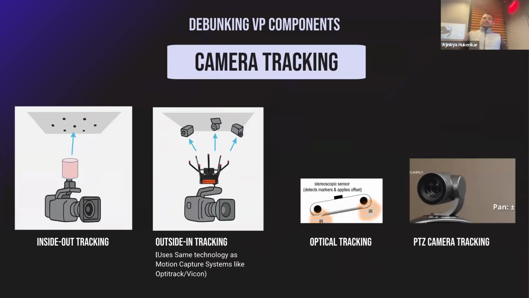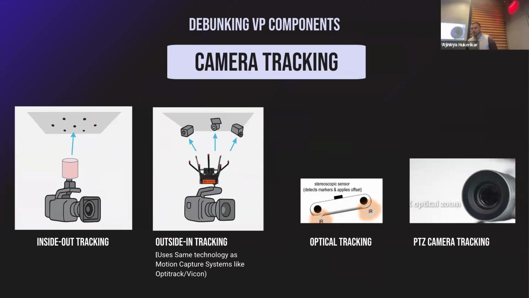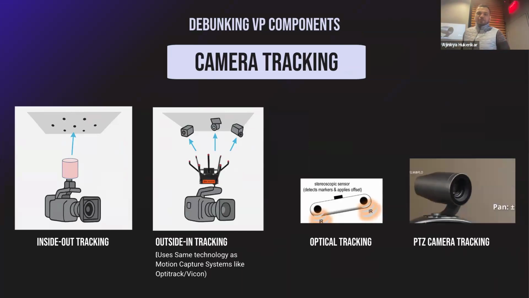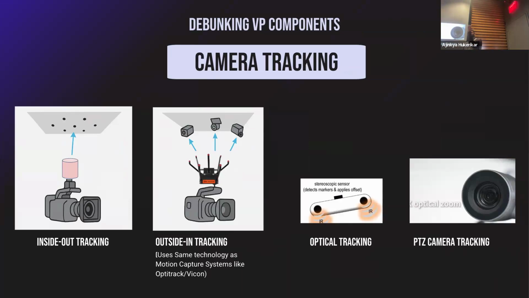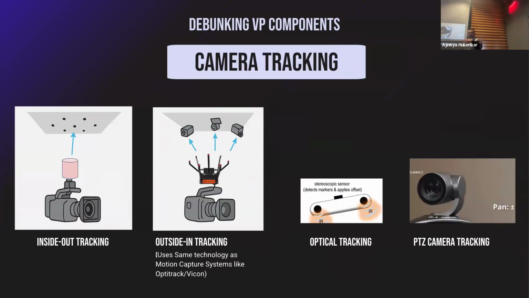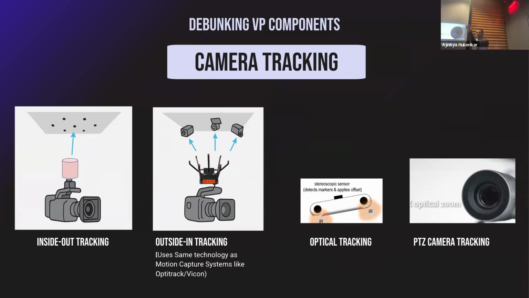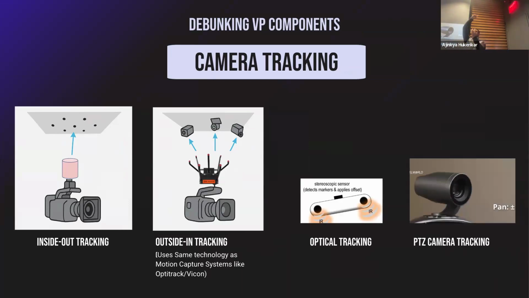All right, let's talk about camera tracking. There are 4 types of camera tracking: inside out, outside in, optical tracking, and PTZ, which is internal camera. In all of these 4 trackings, there's always an intelligent system, like a camera, somewhere. For inside out, you have an intelligent camera looking at dummy trackers on the top. We call them constellation.